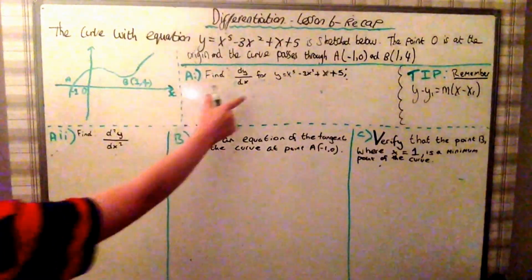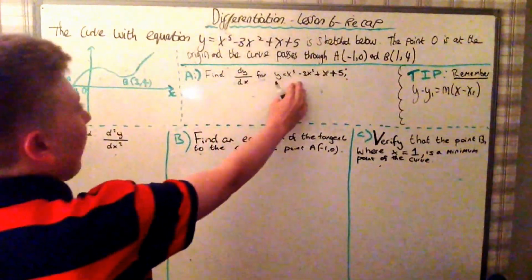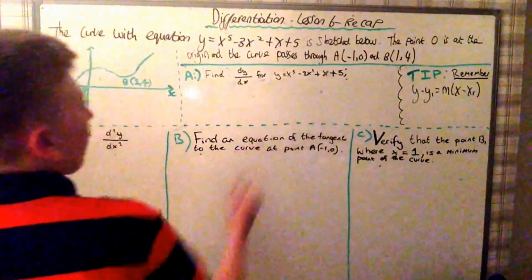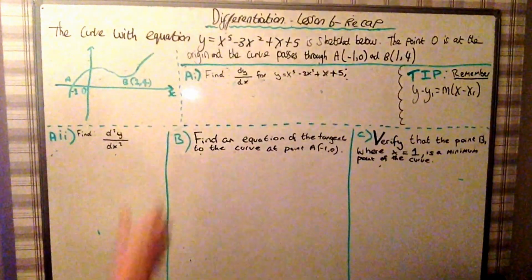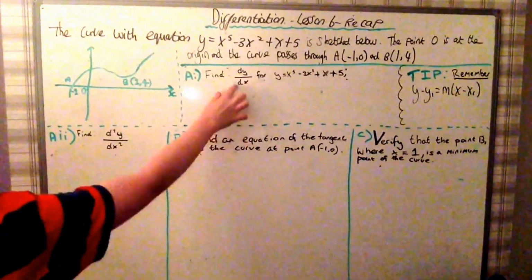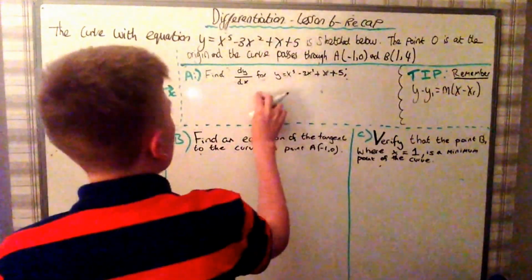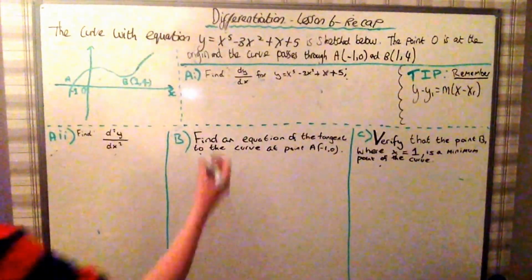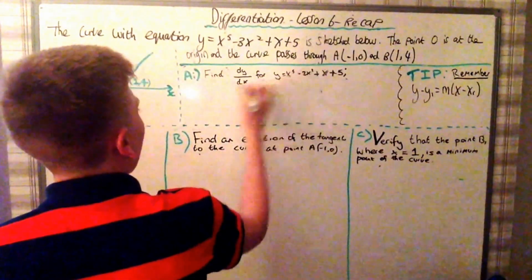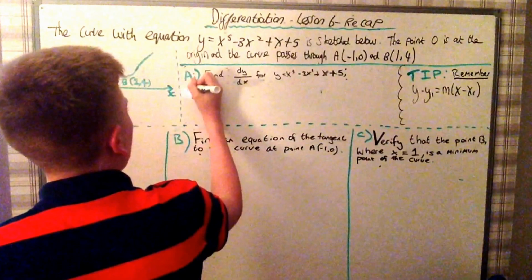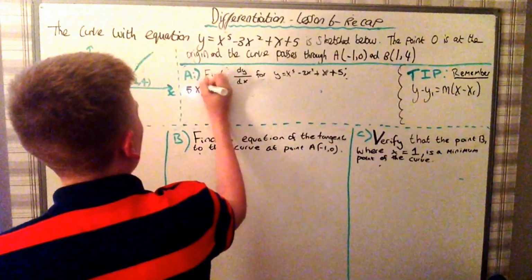The first thing we need to do is find dy by dx for x to the 5 minus 3x squared plus x plus 5. So find dy over dx, which means just find the first derivative. If we differentiate this function, we should be comfortable with this from the previous lessons. We do the power multiplied by the coefficient. x to the power 5, 5 times 1, which is the coefficient of x, is 5x to the power 4.